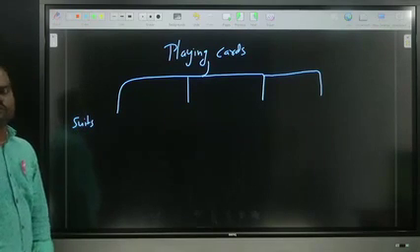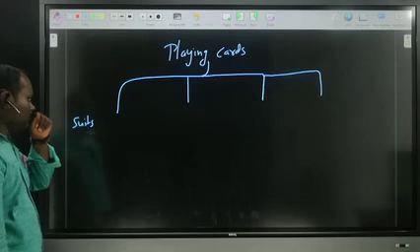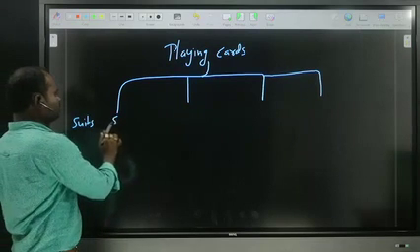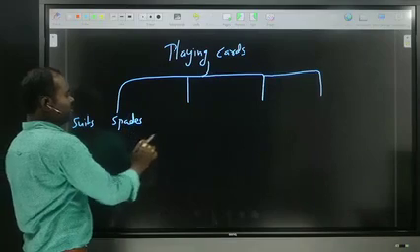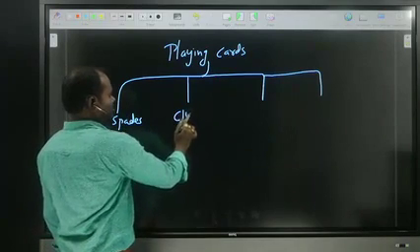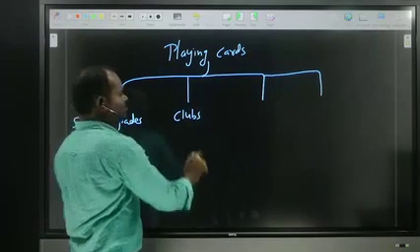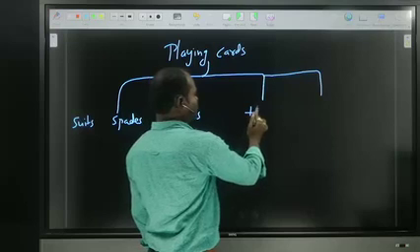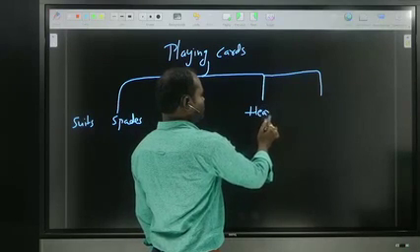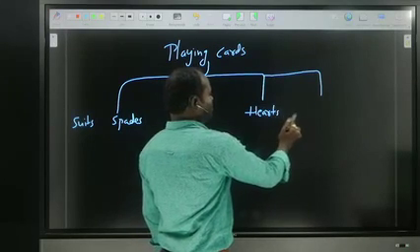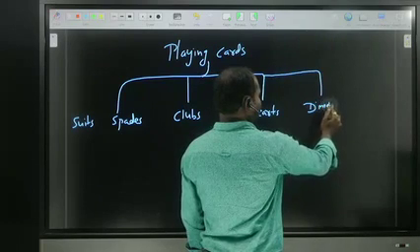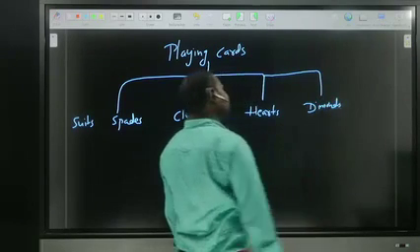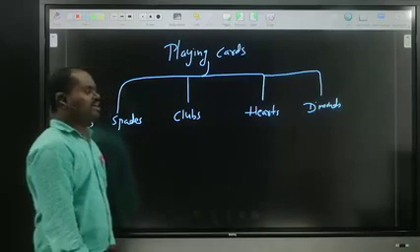Those are spades, clubs, hearts, and diamonds.